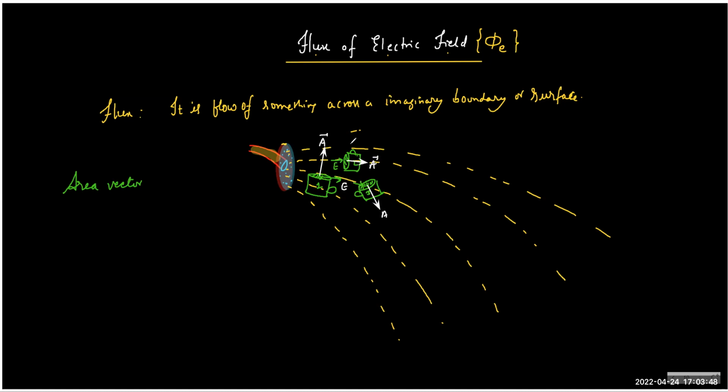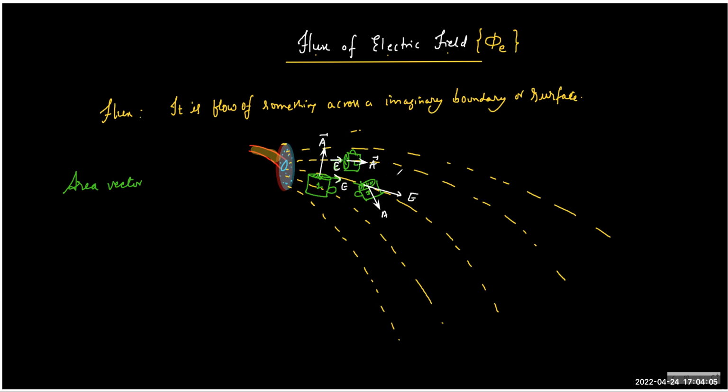And you can clearly see the electric field in each case. So you can see that the flux is maximum when the electric field is parallel to the area vector.